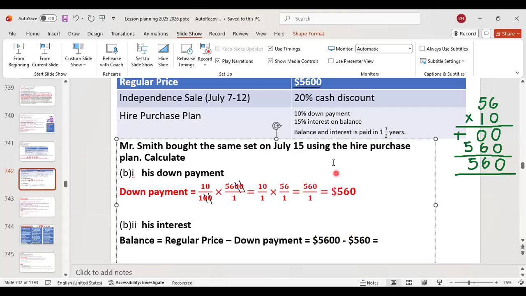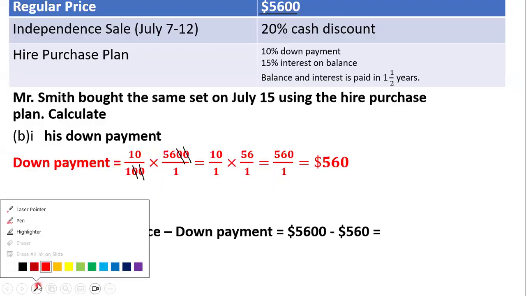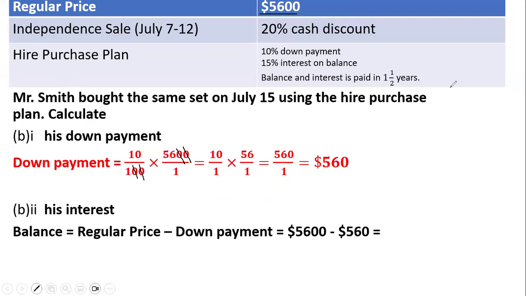So you have to subtract them. When we subtract them, what do we get? Let me subtract those two. What do we get? 5,040.